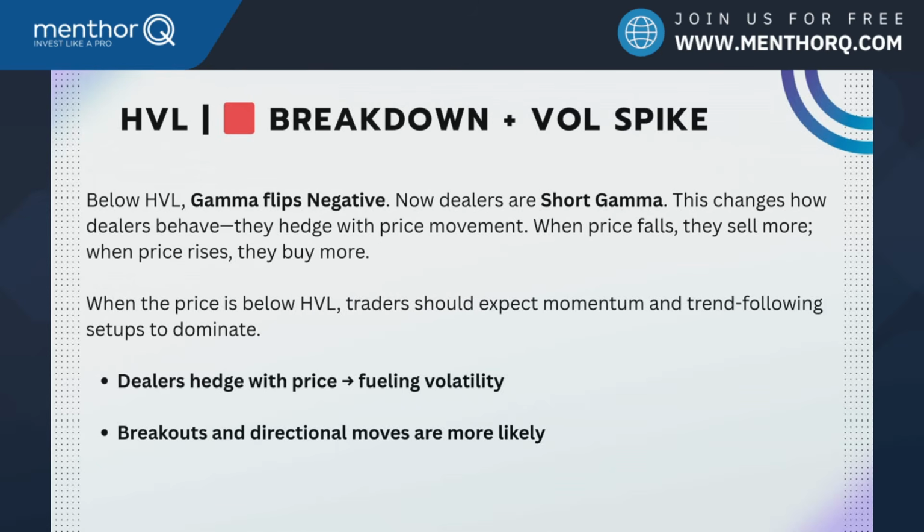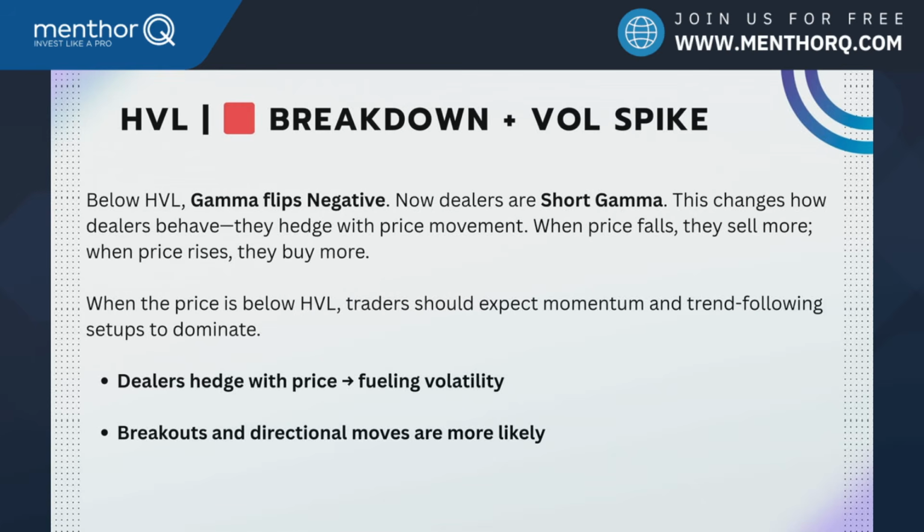As a result, the HVL level becomes like a launchpad for directional moves rather than a pinning zone. So when the price is below the HVL, traders should expect momentum and trend following setups to dominate the market. Why? Because dealers hedge with price, volatility increases, and breakouts and directional moves are more likely.